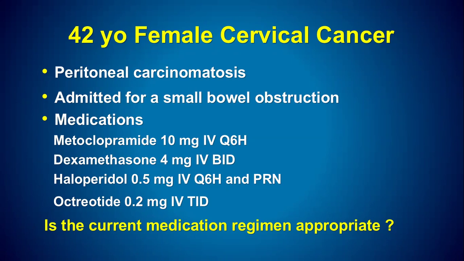What would you omit then? Octreotide. So basically, octreotide, you're giving it as an anti-secretory. It reduces the secretions in the gut. So that's the reason why you're giving octreotide. Okay, next slide, please.